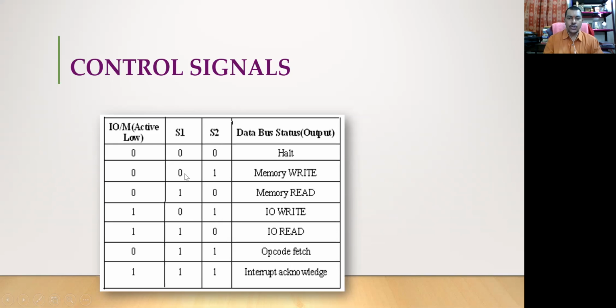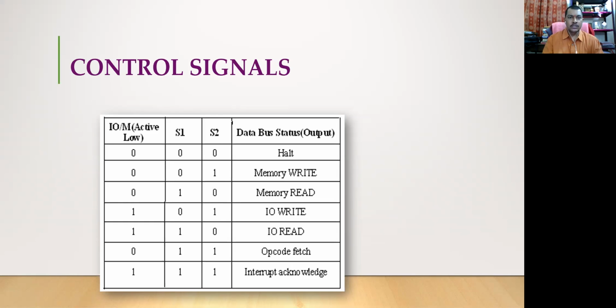When it is 001, the memory is written, the data is written in the memory. When it is 010, then the data from the memory is being read. When it is 101, then we have input output write, meaning the input output devices are written. When we have 110, input output read, so the data is being read from the input output devices. 011, the opcode is fetched from the memory location.